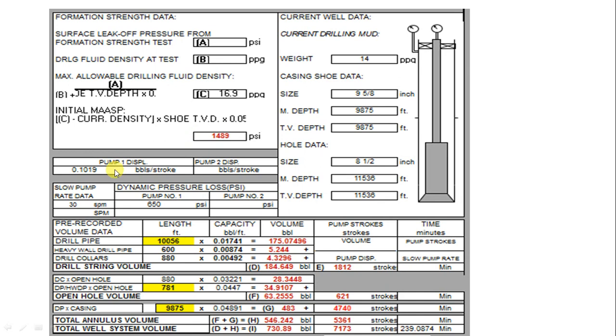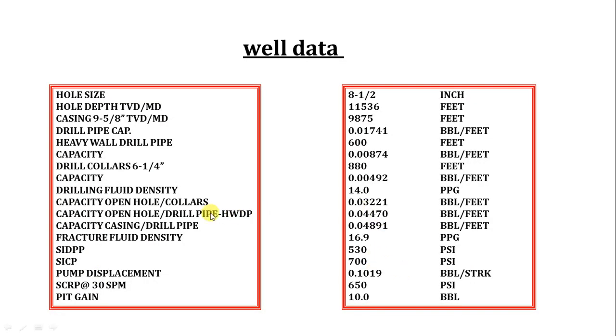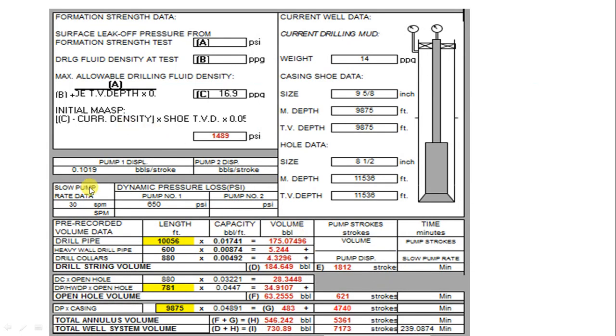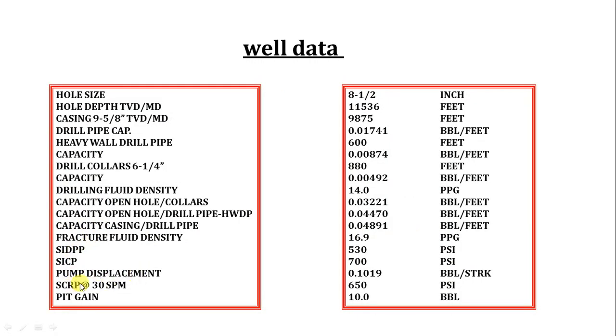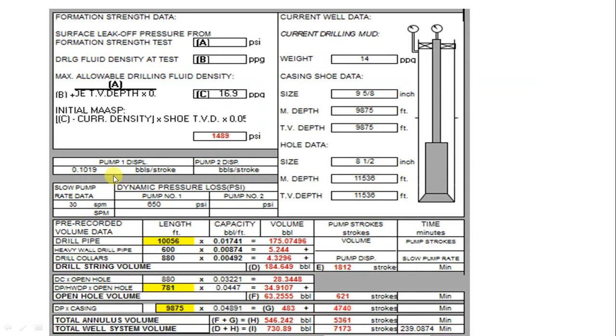Okay, we will go after this. The pump one, as I told you, is the barrel per stroke, or the pump displacement. It is 0.1019. Where is the pump data? Here is the pump data, 0.1019. So this is a very vital question. Also here the strokes per minute, as I told you, is 13. And what is the pressure at this 13?